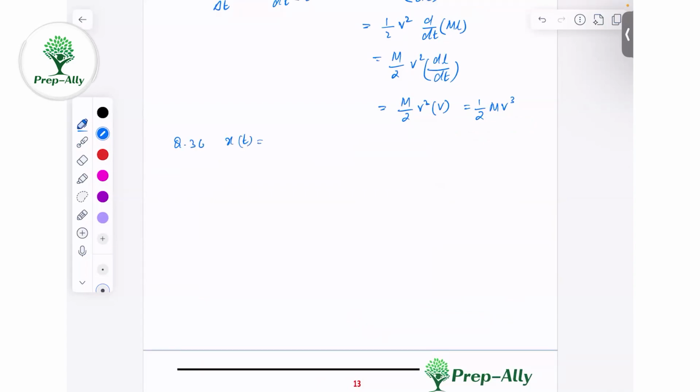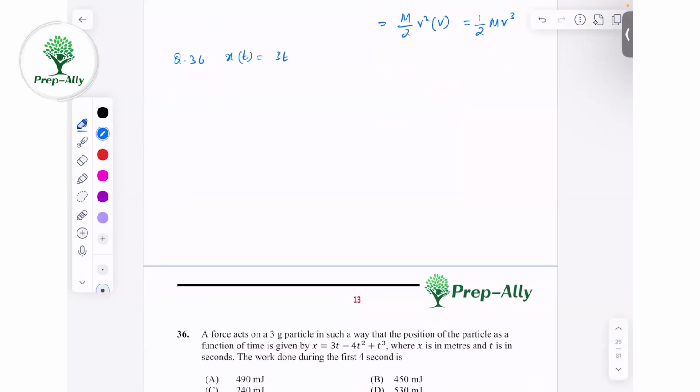The position of particle changes according to 3t minus 4t square plus t cube. Now the velocity then is a rate of change of position. So we differentiate this function to get the velocity, which is d by dt. We can directly write this as 3 minus 4 2's 8t plus 3t square.